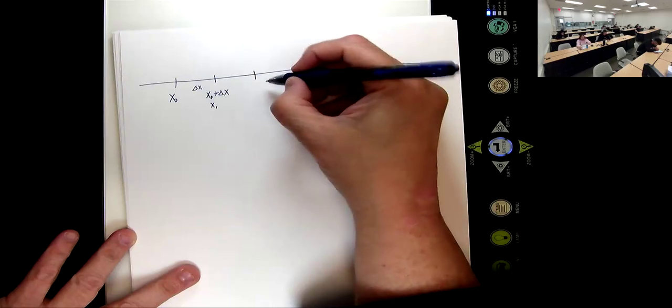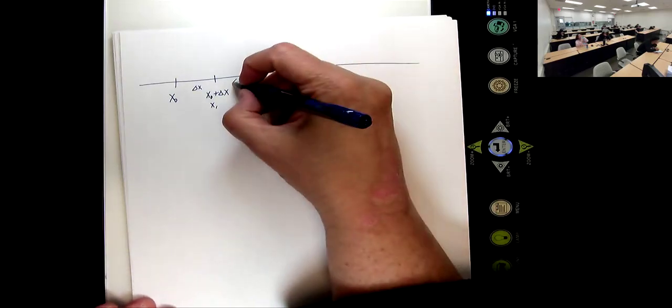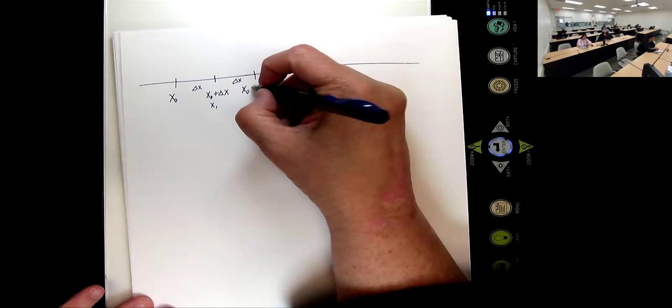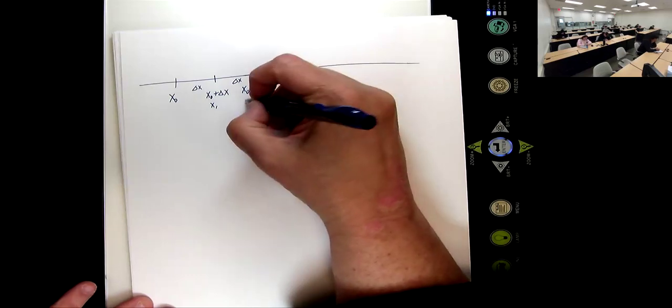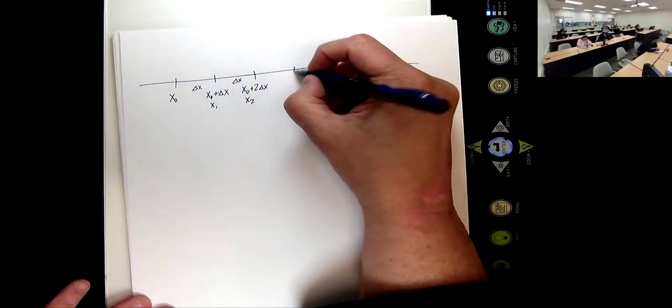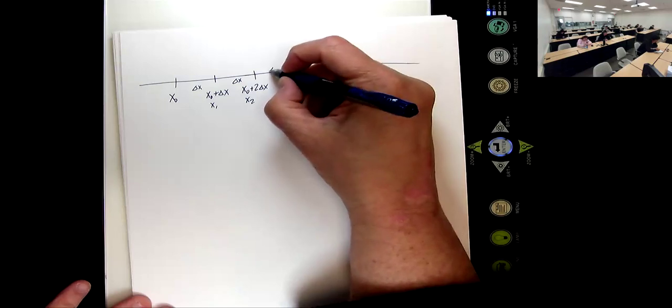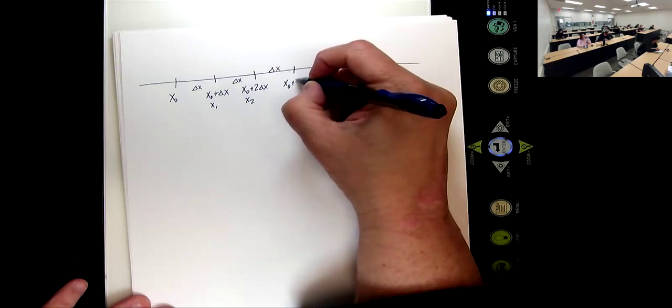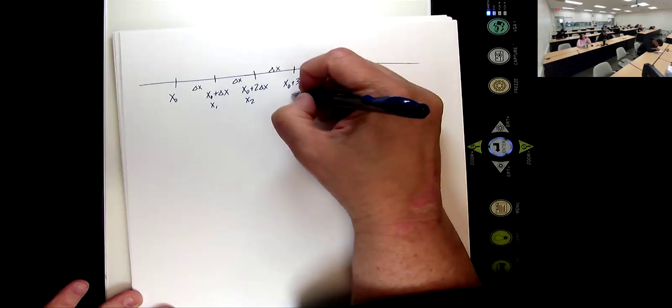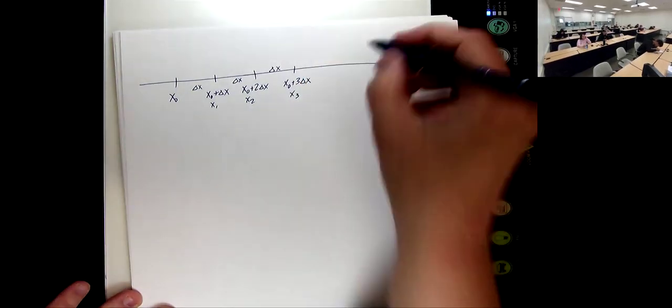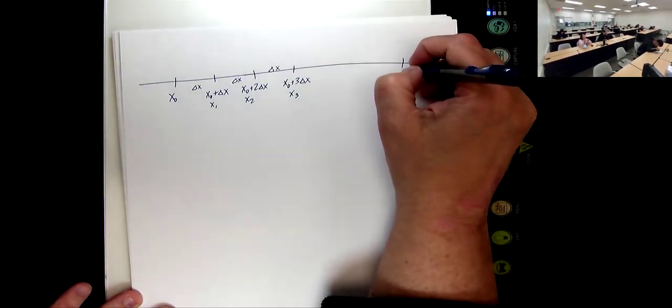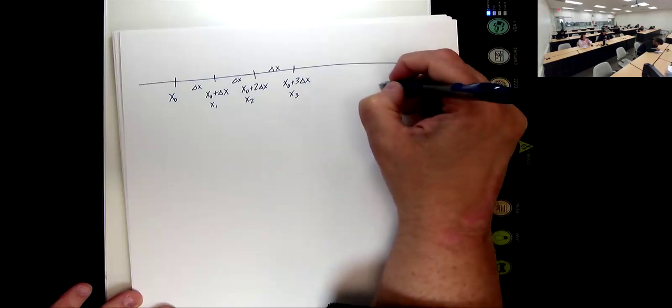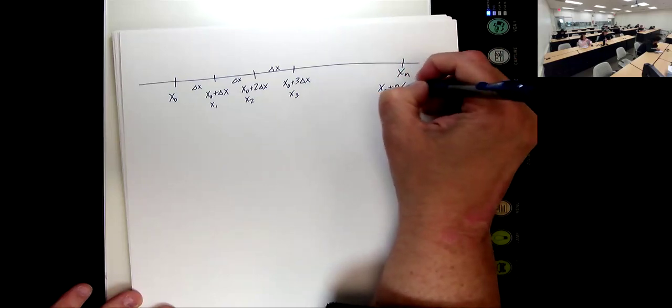Then we go another distance delta x. This is x zero plus two delta x, which is x2. Another delta x: x zero plus three delta x, x3. And we keep going up to xn, which will be x zero plus n delta x.